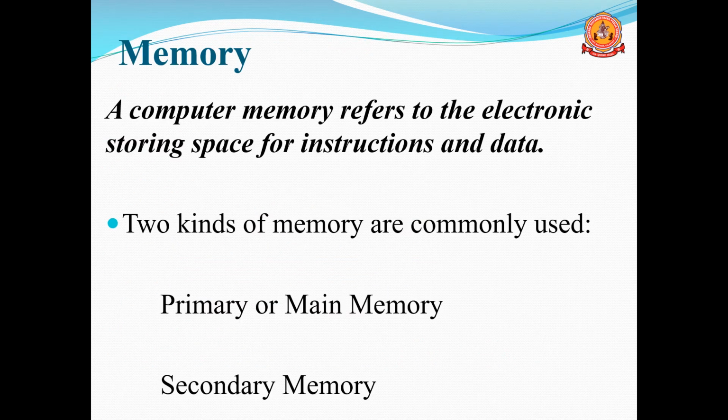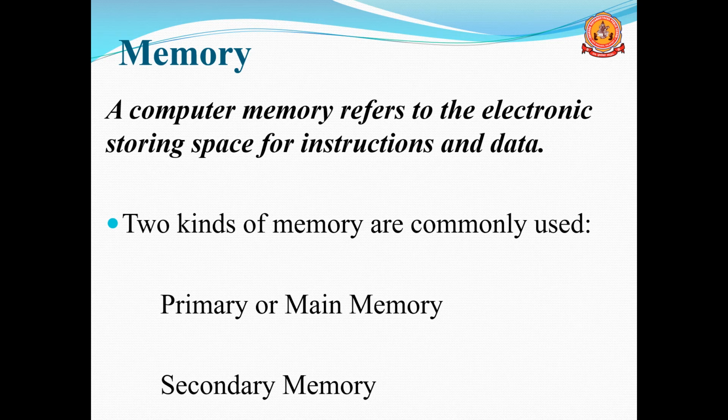Next, today's topic we are going to discuss is memory. So what is a memory? Computer memory refers to the electronic storage space for instructions and data. If you are using a computer system or digital system, then you have to store the data permanently inside the computer system.